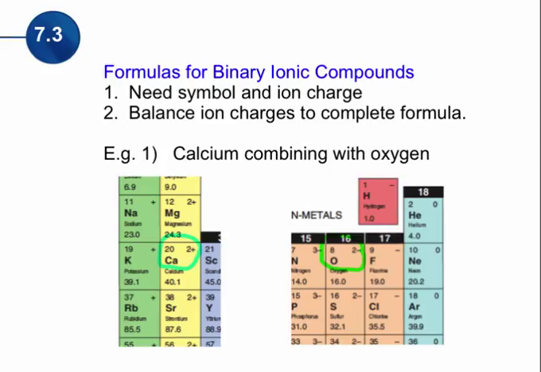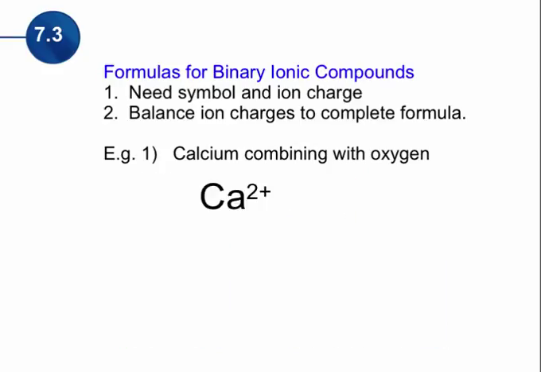We take them from our periodic table, and we have calcium, which is a 2+, and oxygen, which is a 2-. Now we have both the symbol and the charge, so we can complete the formula. The charges of these 2 elements must balance, and they already do.